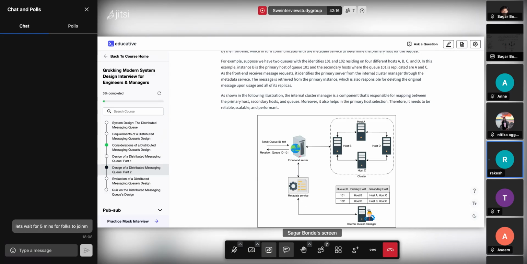Is it clear up to here? The metadata service finds the host to map to.